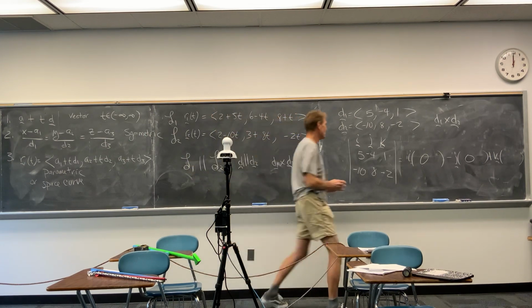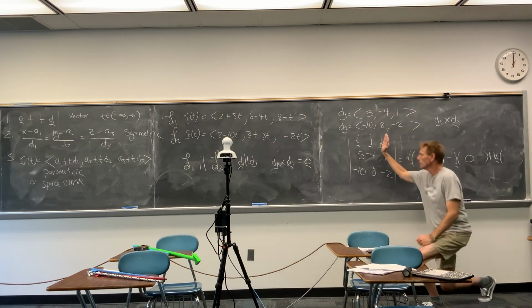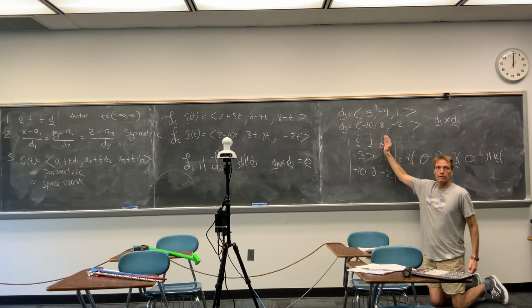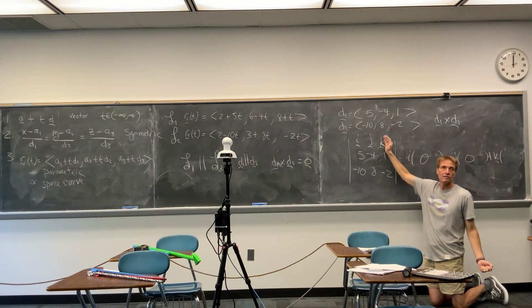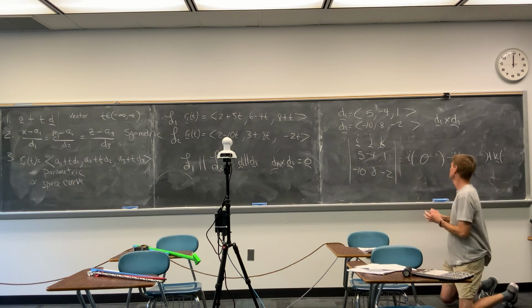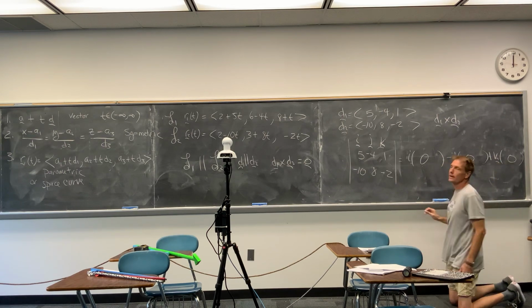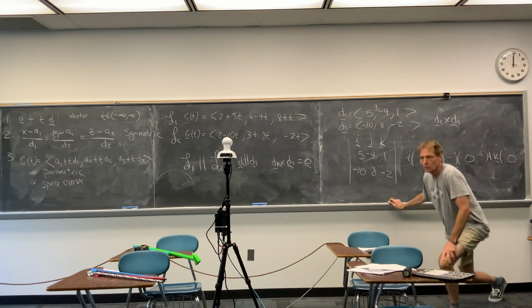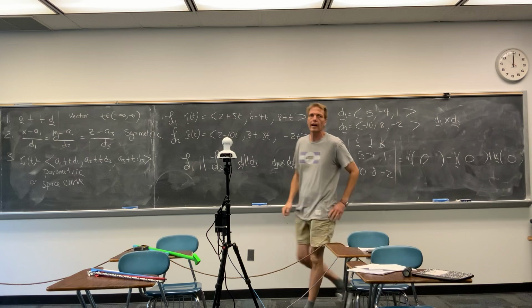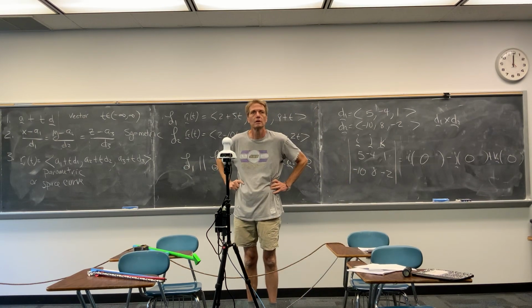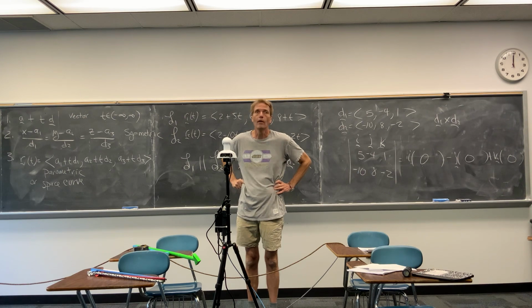Now I look at the last one, and I get 40 minus 40, which is again 0. So what do I know about those two lines? They're parallel. Those are parallel lines.